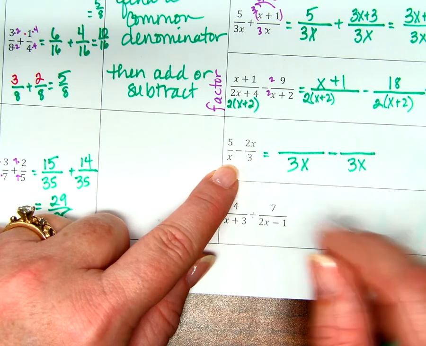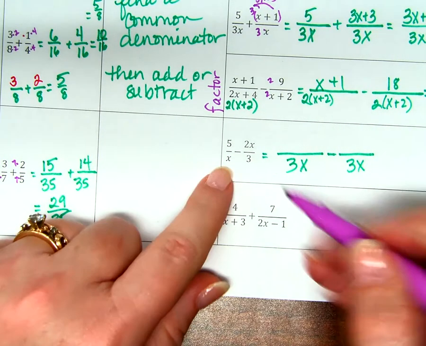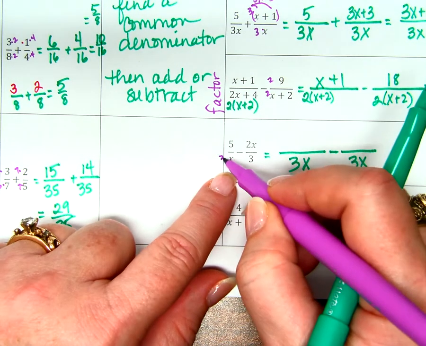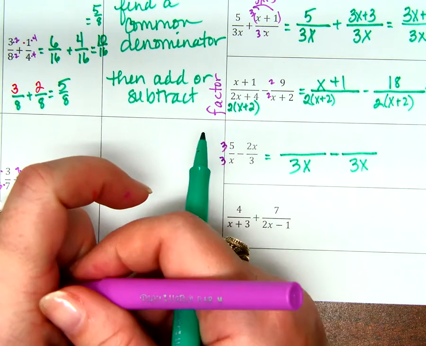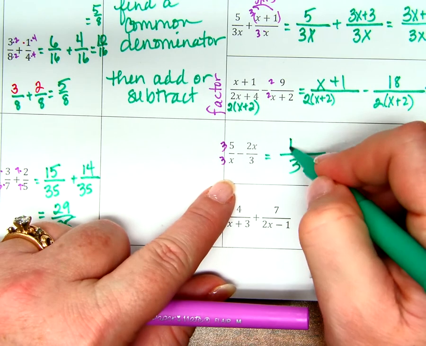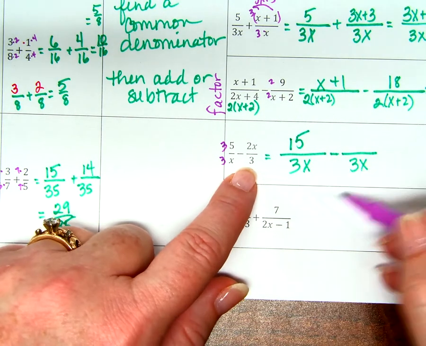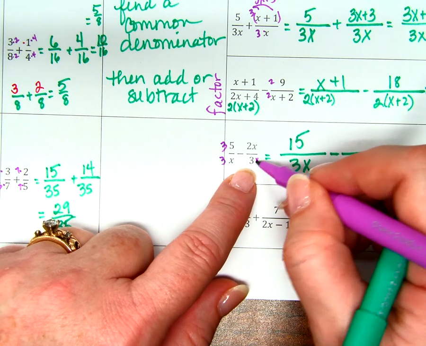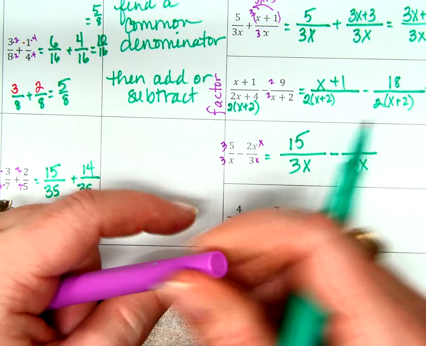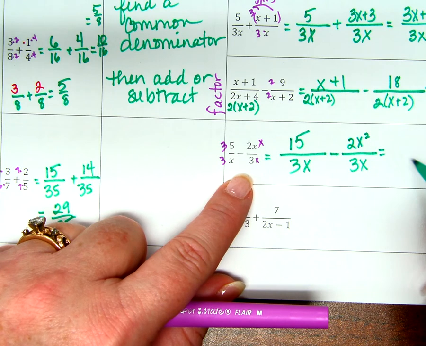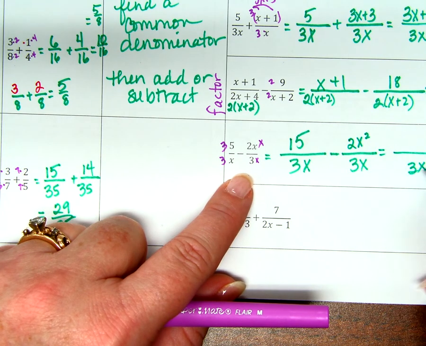So what factor does the first one need in order to become the common denominator of 3x? A 3. So if I multiply the denominator by 3, I multiply the numerator by 3 and I get 15. What factor does 3 need to make it become 3x? An x. So if I multiply the denominator, then I also multiply the numerator. So 2x squared. So what's my answer?